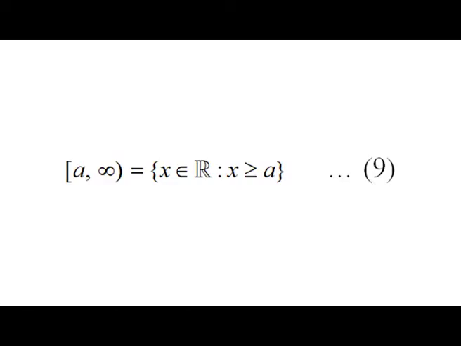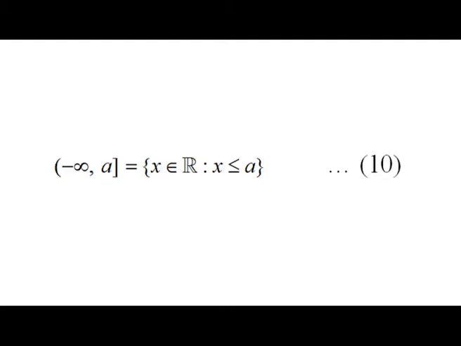Similarly, the sets defined by left closed right open interval [a, ∞) equal to the set of all x belongs to R such that x ≥ a, equation number 9, and left open right closed interval (−∞, a] equal to the set of all x belongs to R such that x ≤ a, equation number 10, are called closed rays or infinite closed intervals.